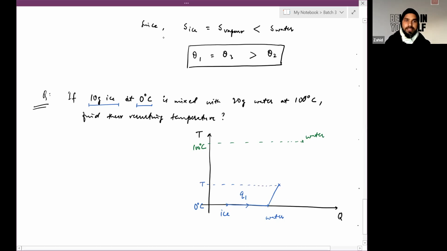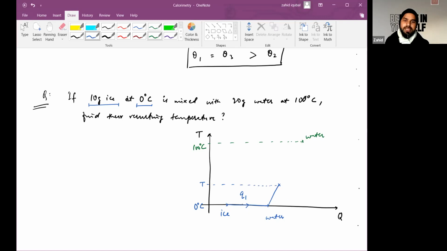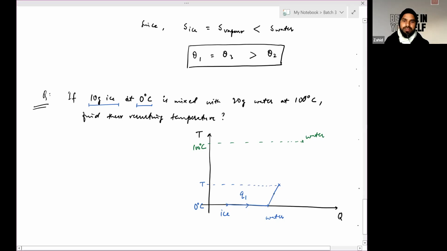This heat supplied to the ice to change its state or to raise its temperature must be provided by the water by decreasing its temperature from this point to this point. So we can say the amount of heat lost by water to change its temperature from 100 degrees Celsius to T degrees Celsius must be absorbed by ice to go from 0 degrees Celsius to T degrees Celsius.